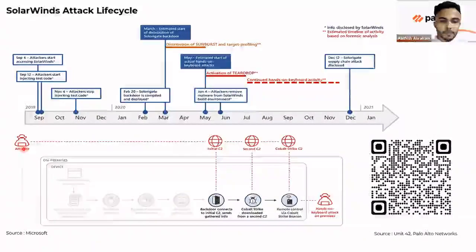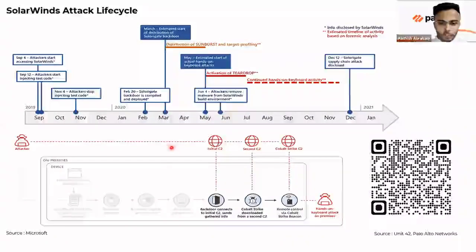So typically most companies will try to block newly registered domains. But in this case, the attackers were using very old domains which they had registered long back, right? This adds to the complexity which we have already seen.